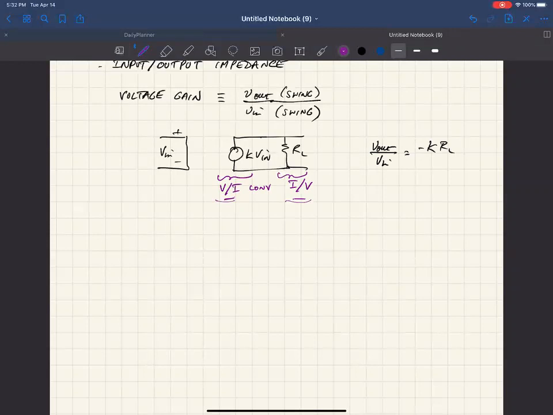And the other thing that we said was that we're not worried about this negative sign. A lot of gain stages are inverting, and we're just really interested in the amplitude being gained up regardless of whether it's positive gain or negative gain.